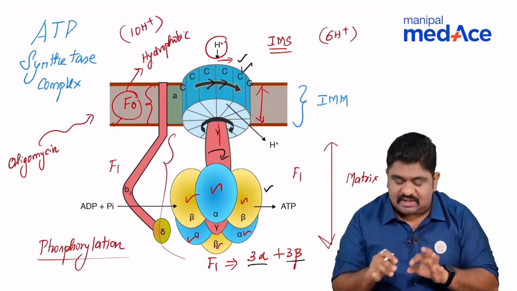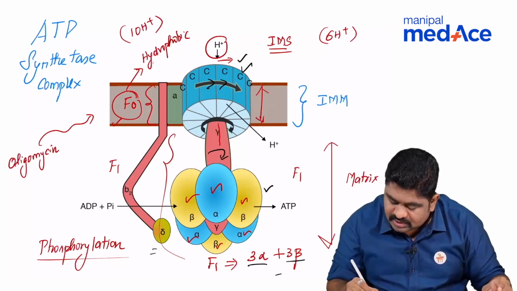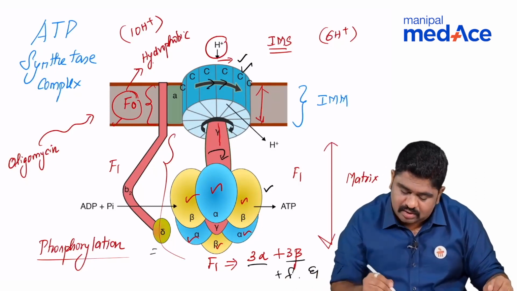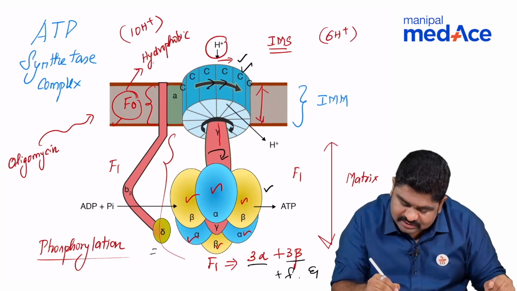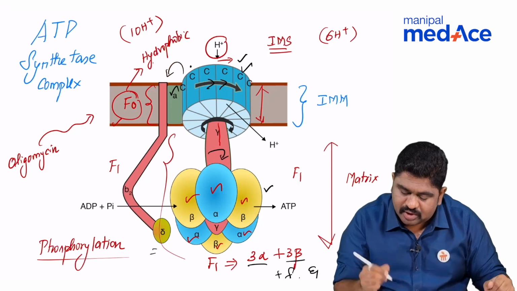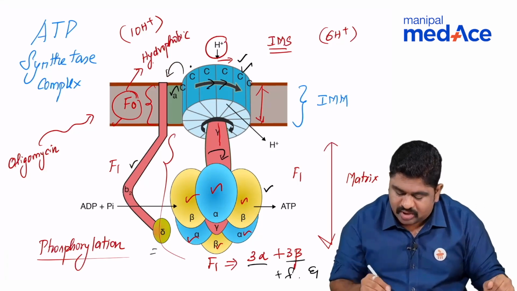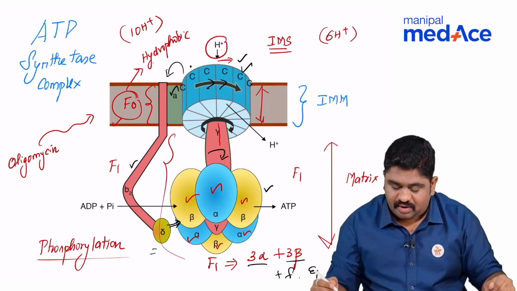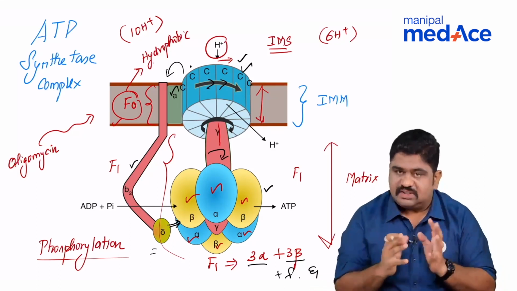Apart from alpha and beta, you also have delta, and then you have epsilon. Here you have a protein called A protein, which makes this drum bind to the membrane, and there is a B protein which binds to the delta, which will be in direct contact with alpha and beta. Now the whole complex has come full circle.